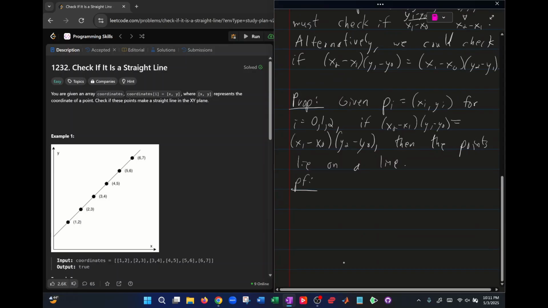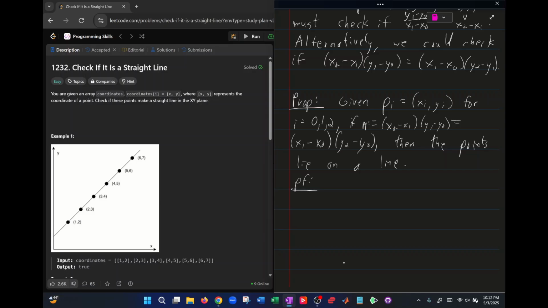Okay, proof. I'm going to define this as M. So M is going to be defined to be equal to this thing.